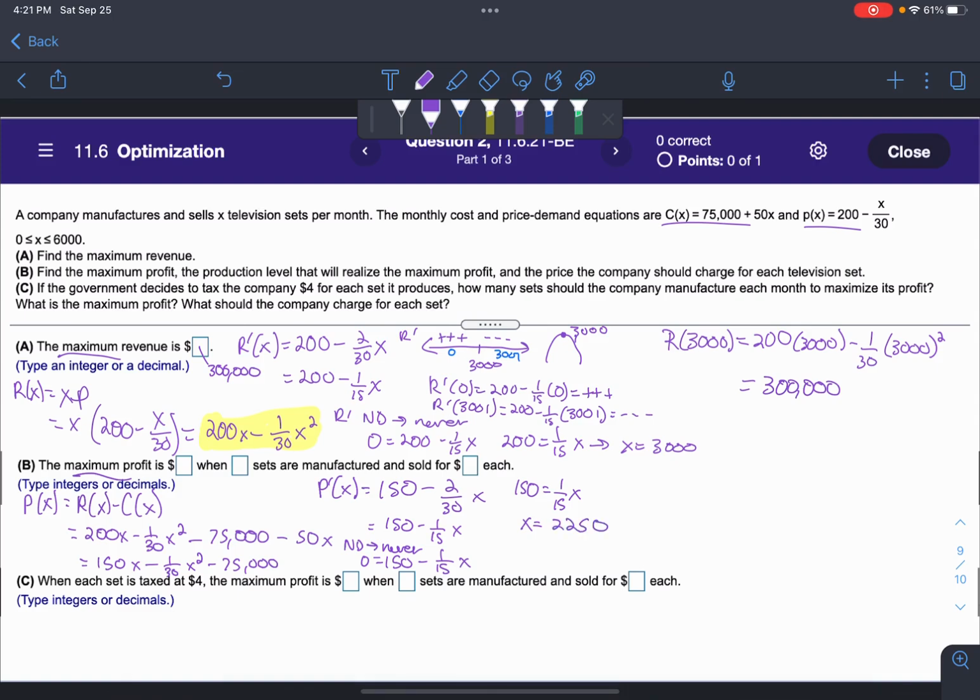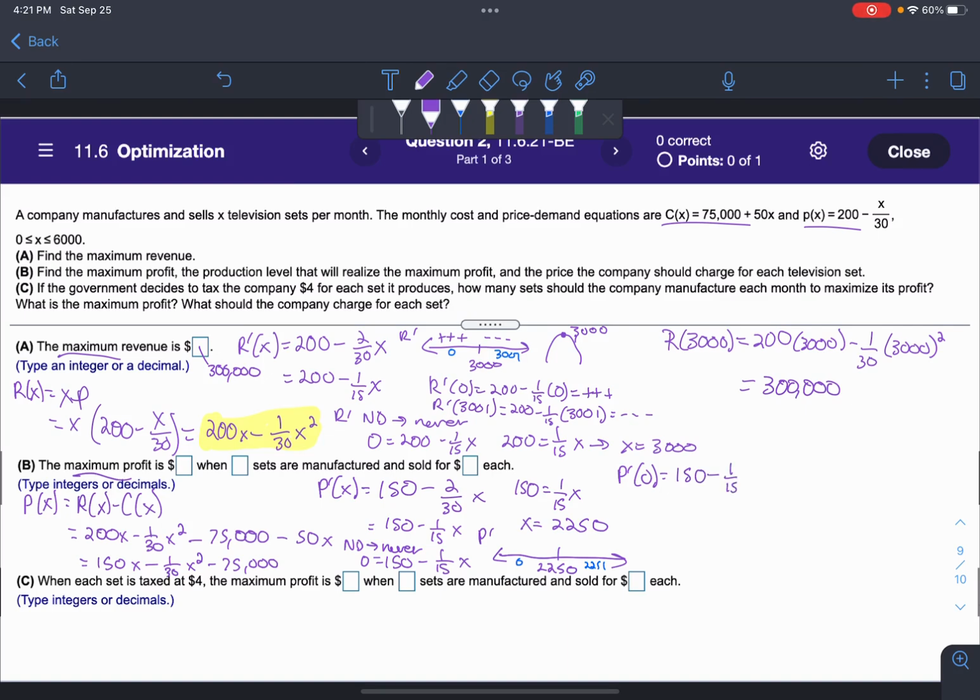Okay, gotta check that 2250 is a maxima. So let's test 0 and 2251 in my p prime. So p prime of 0 is, let's see, it's 150 minus 1/15.